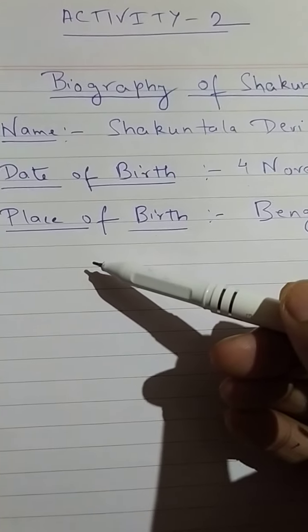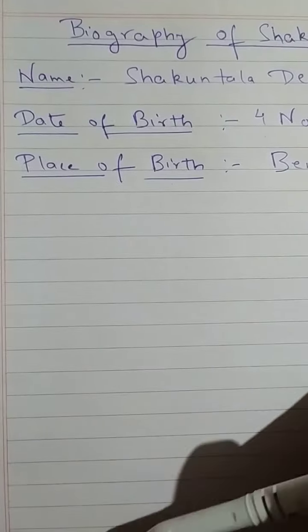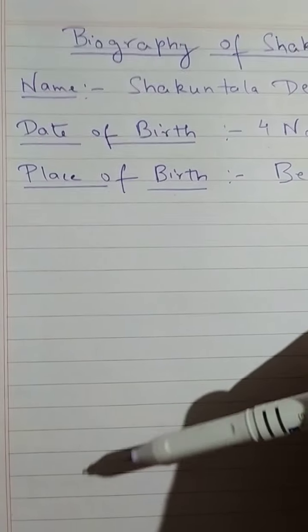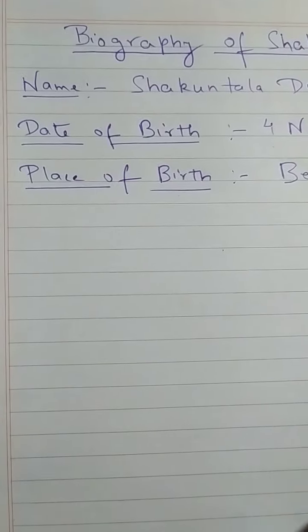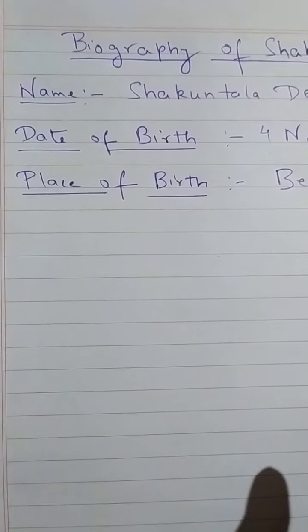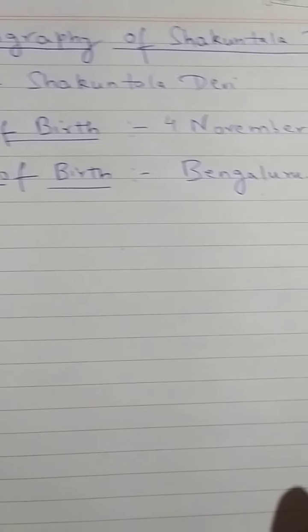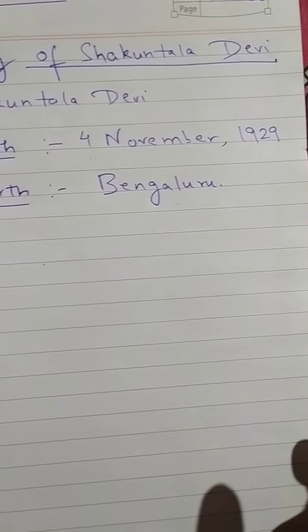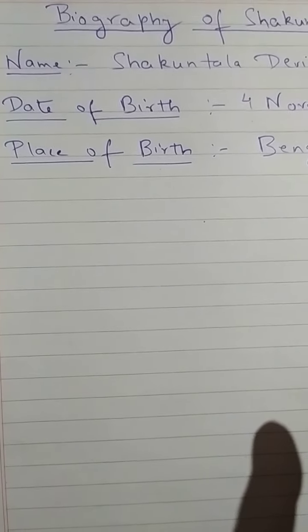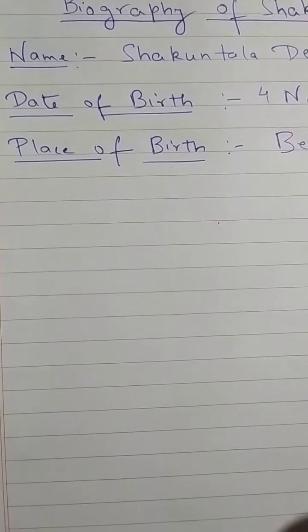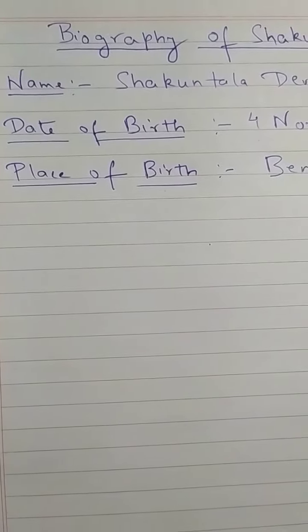Then from the next page we will start writing about Shakuntala Devi. Maximum 2 pages you will write, not more than that. And you will write about her achievements, where she did her schooling, and why she is known as human computer. Okay, so this is your activity number 2.